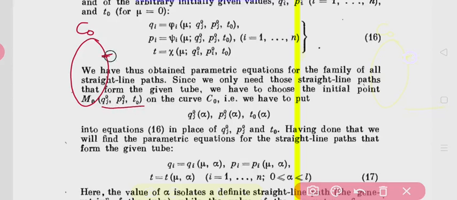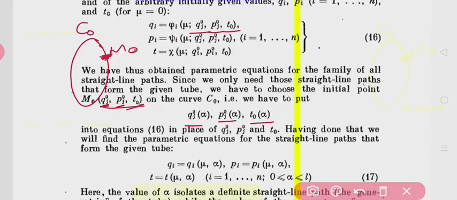If you are taking that point on the curve C naught, this coordinate will also be a function of the parameter alpha because you are taking it along a closed curve. So that point will not be fixed; it will be a function of alpha. So qj naught, pj naught and t naught will be functions of the parameter alpha, right?